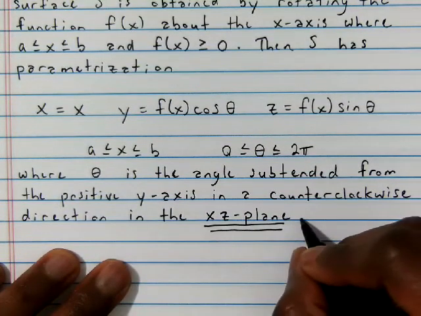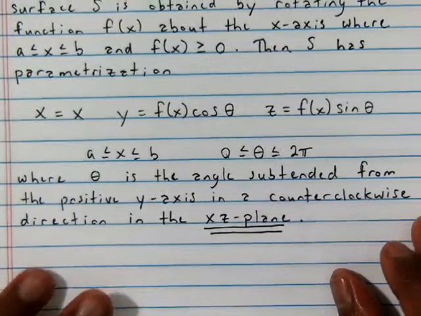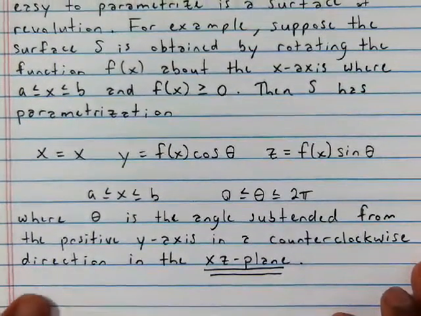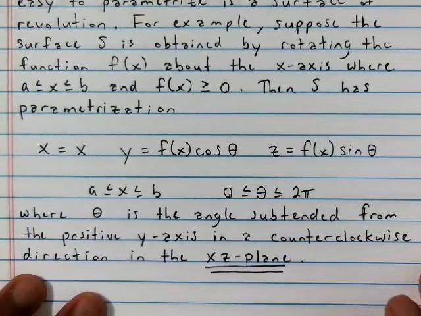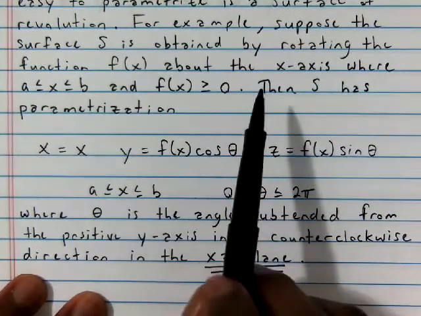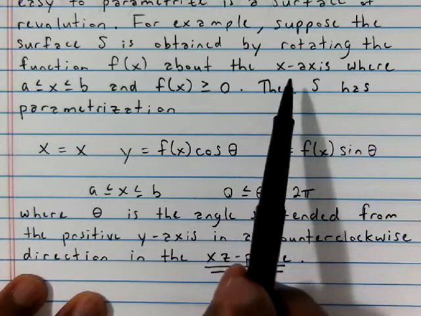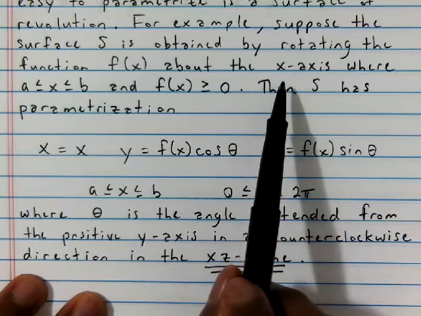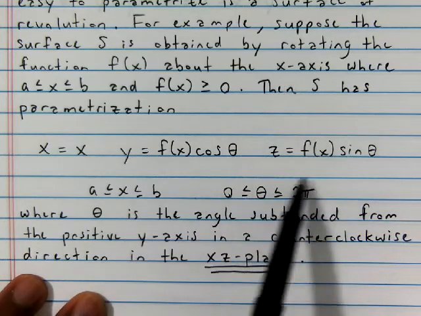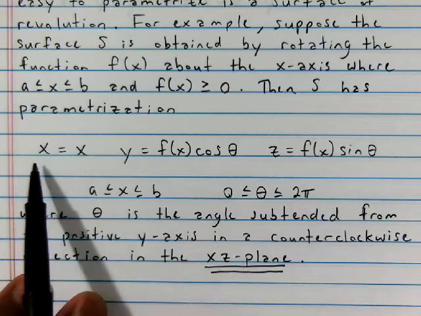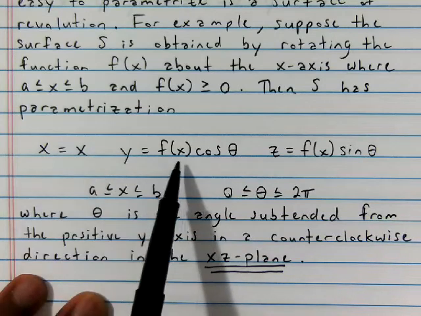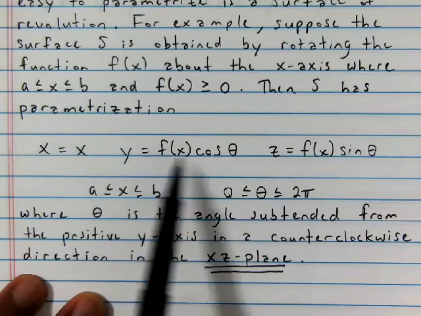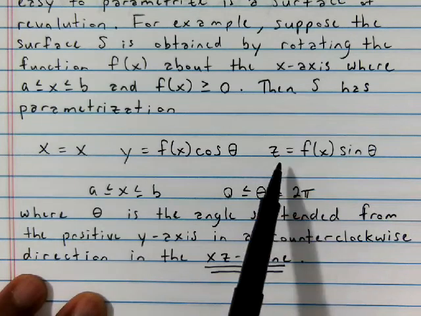So a couple of things to point out. One, I said for example here because we could have that you were rotating around an axis other than the x-axis. So this is if you're rotating around the x-axis. This is what you get, x stays x, and then your radius basically is your f of x on your y and your z.